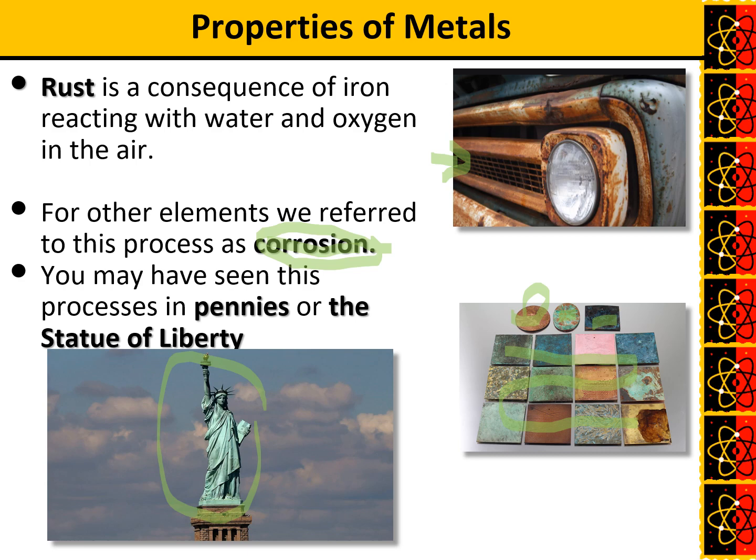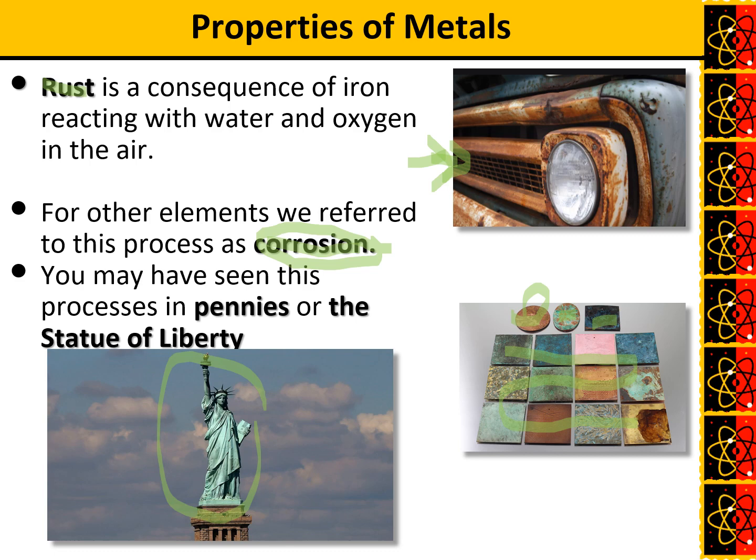The difference between the rust and the compound that covers the Statue of Liberty is that the rust is going to crumble apart, and it is going to eventually break down the metal and disappear into the earth.